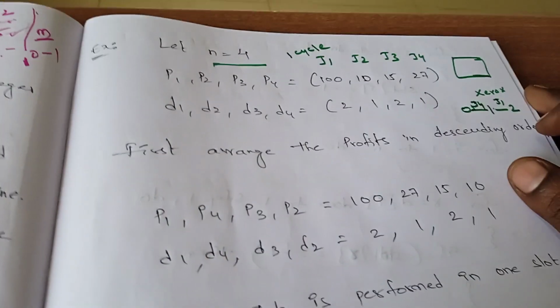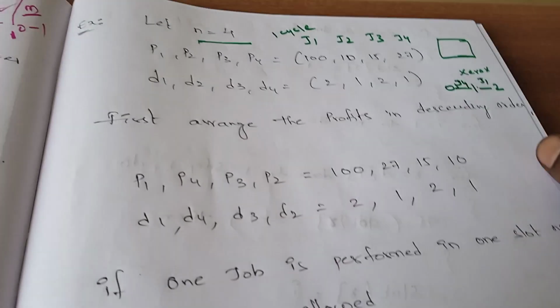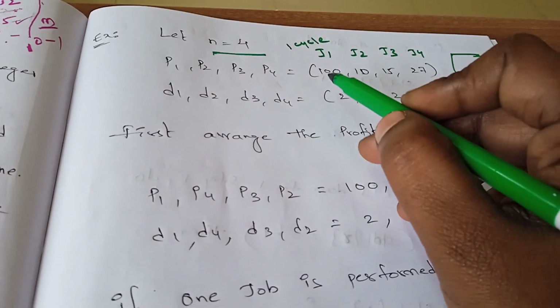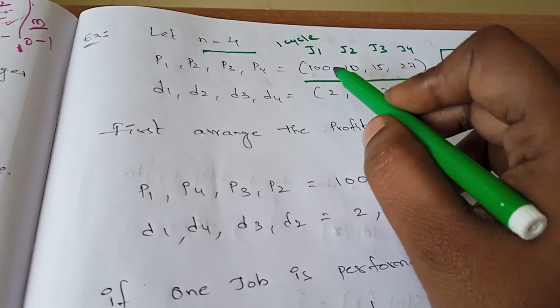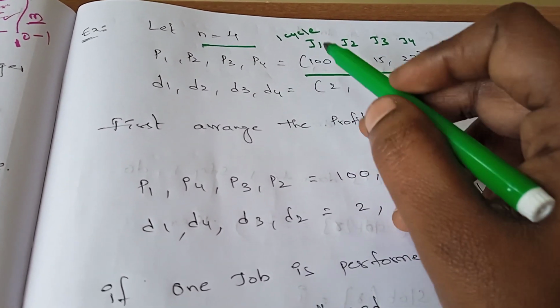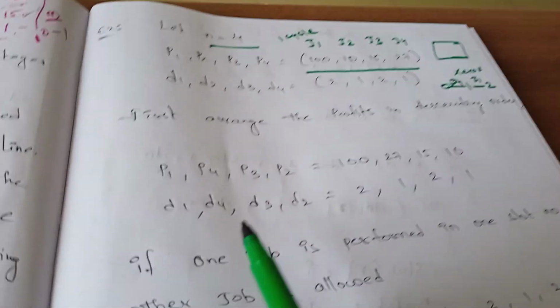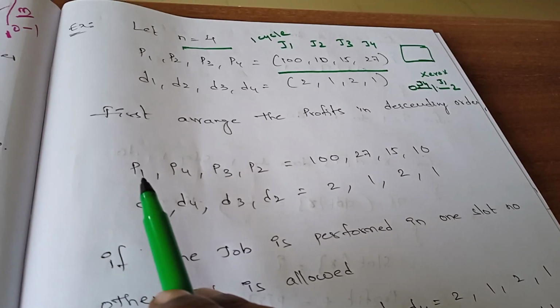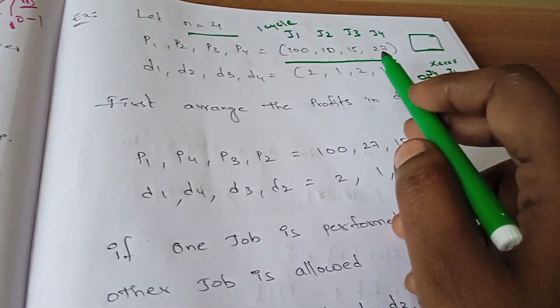Now let's see. One more very important point of this concept is, as soon as you receive the profits, you arrange all the profits in descending order. Write the greatest profit item first. You can look here: P1 is 100. The next profit job is J4, right?